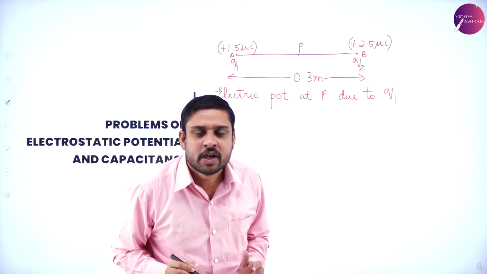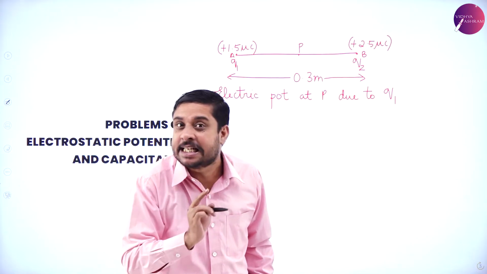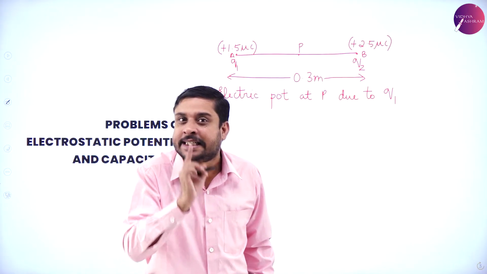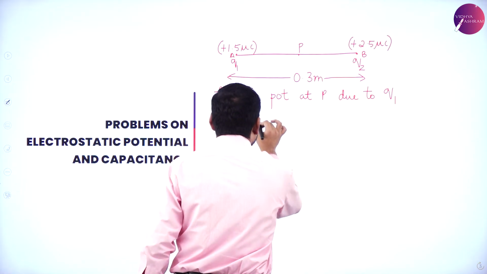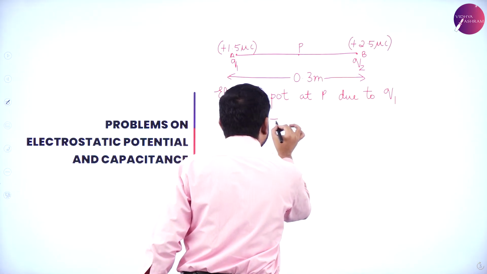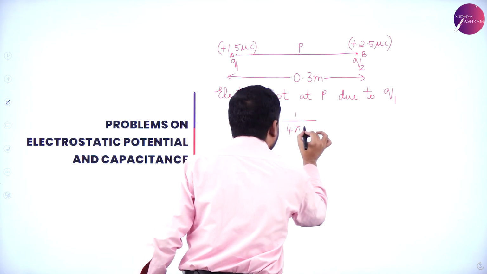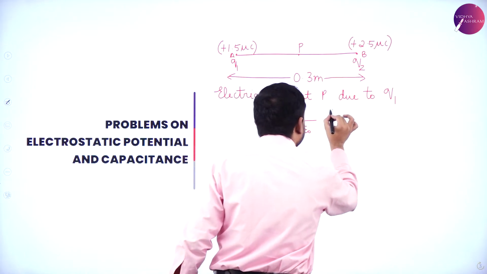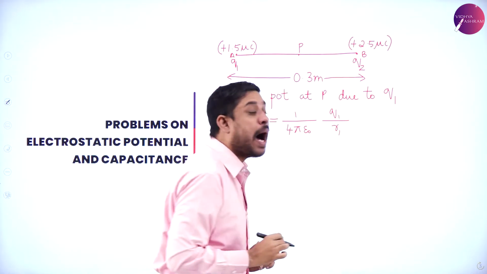Come on, students, recall the expression for potential. Intensity is different, it is simply potential. So V1 equals 1 by 4 pi epsilon naught Q1 by R1.